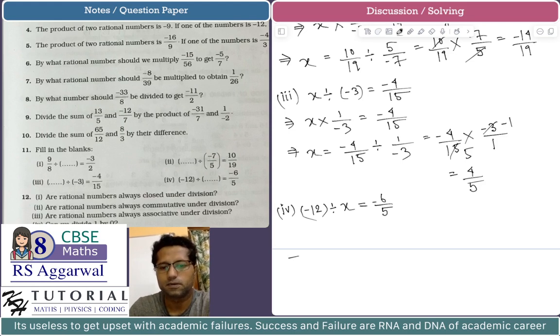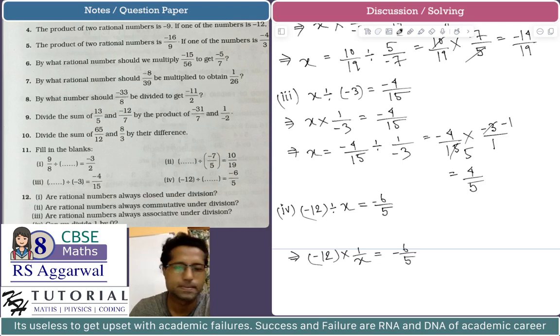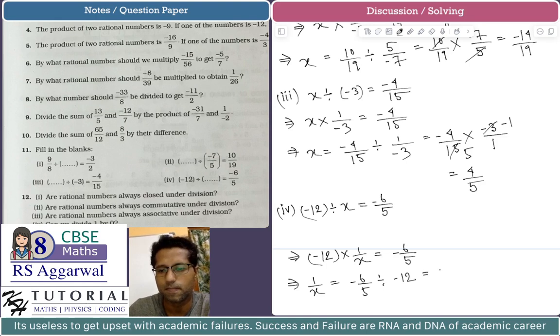This implies minus 12 multiplied by 1 by x is equal to minus 6 by 5. This implies 1 by x is equal to minus 6 by 5 divided by minus 12. This is equal to minus 6 by 5 multiplied by 1 by minus 12.